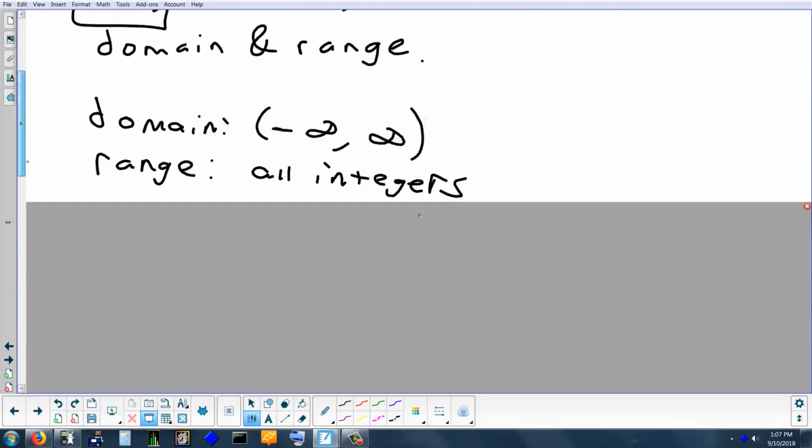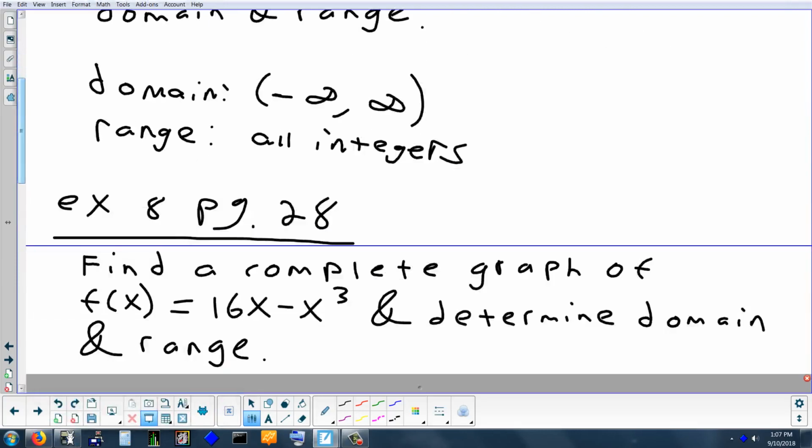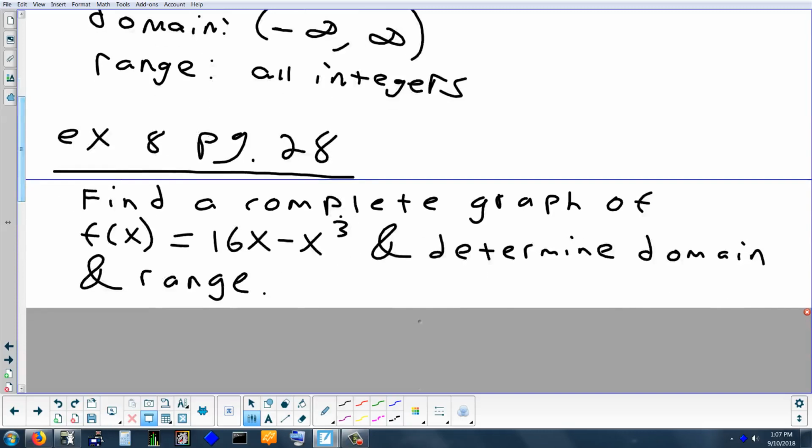Okay, let's practice domain and range on a different function. It's 16x minus x cubed. I'm sure I mentioned this last week, this exponent is really important. Does anybody know visually what that exponent tells you about the graph? It's going to be a 2-dimensional graph because of the number of variables.